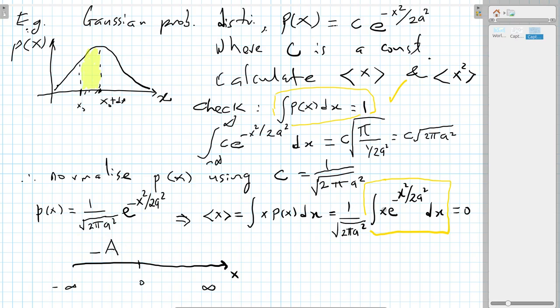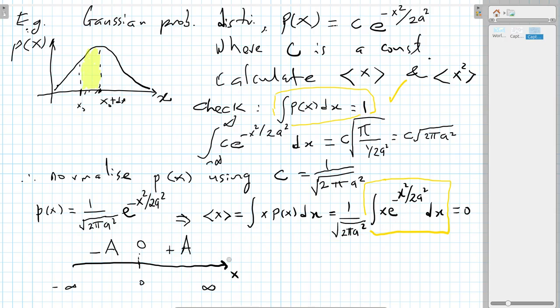So you're going to sum things up, and it's going to be minus a. But on the right side of 0, it's going to be plus a, right? And right at the middle where we have 0, it is 0.